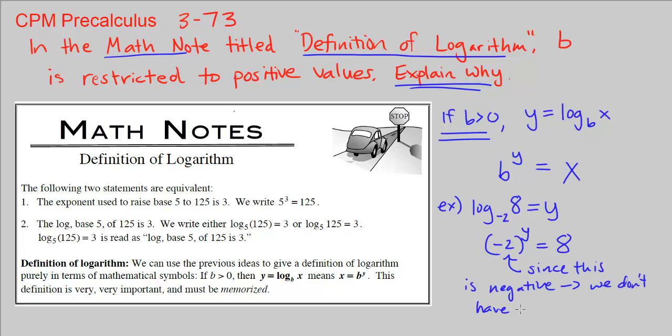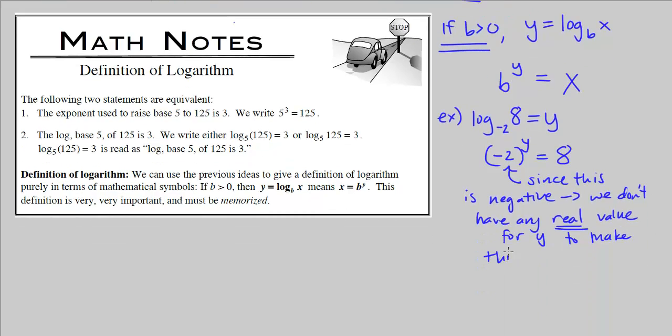We don't have any real value, because we're talking about the real coordinate system, the Cartesian coordinate system, for y to make this true. That's because there's no power to raise a negative number to get it to be positive 8, let's say.